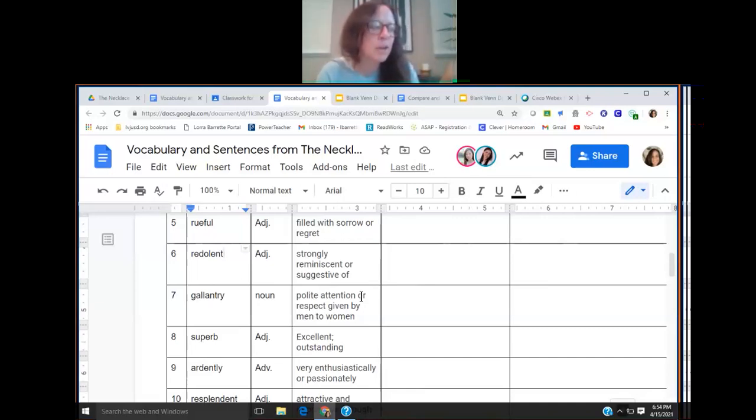She dreamt of great drawing rooms upholstered in old silks with fragile little tables holding priceless knickknacks like little figurines, and of enchanting little sitting rooms redolent of perfume. So that means reminiscent, like the room smells like there was perfume in it at one time. So reminiscent or redolent. Okay, gallantry, that's the next one.